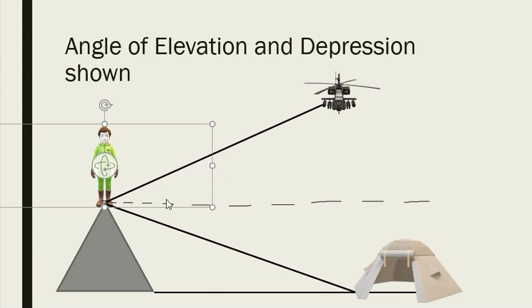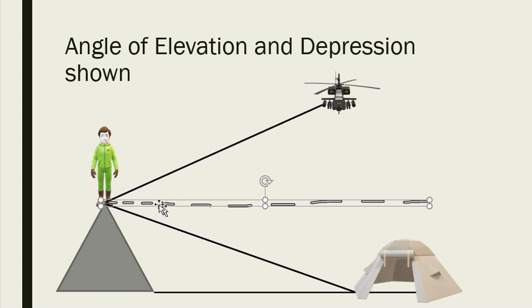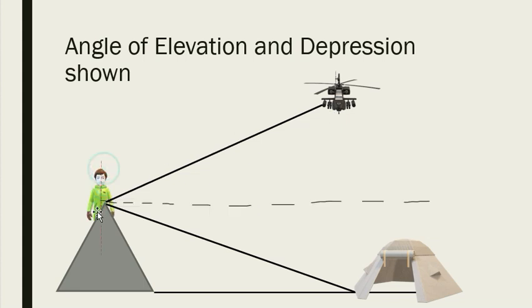And then the angle between the horizontal line, this imaginary line, the broken line, and your line of sight to the helicopter is your angle of elevation. So let's write that down.